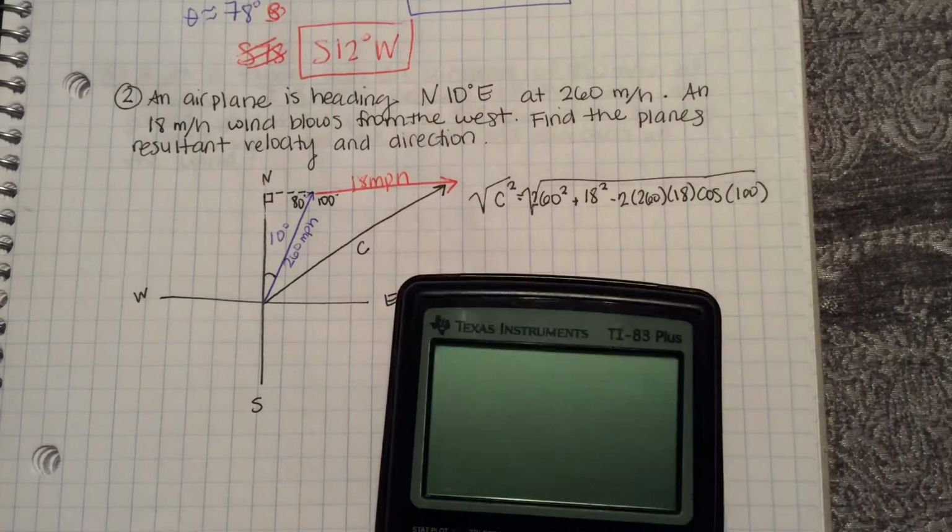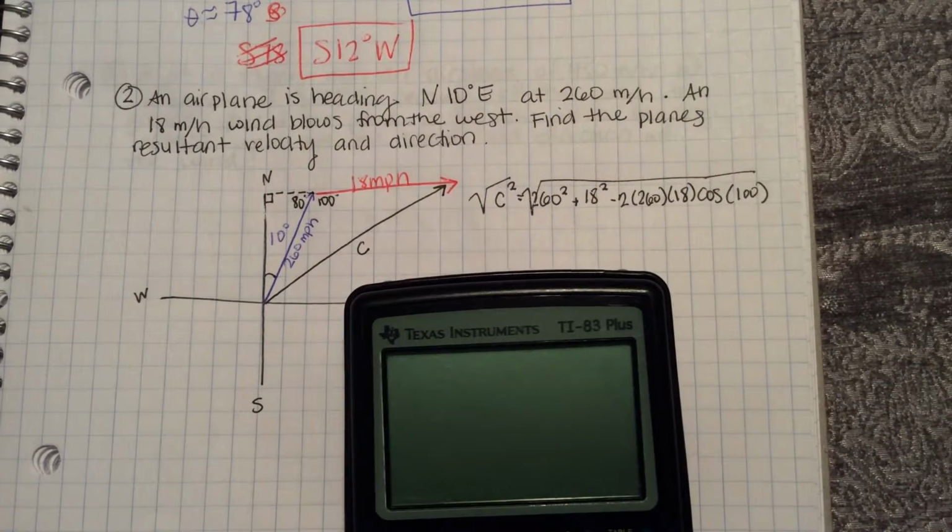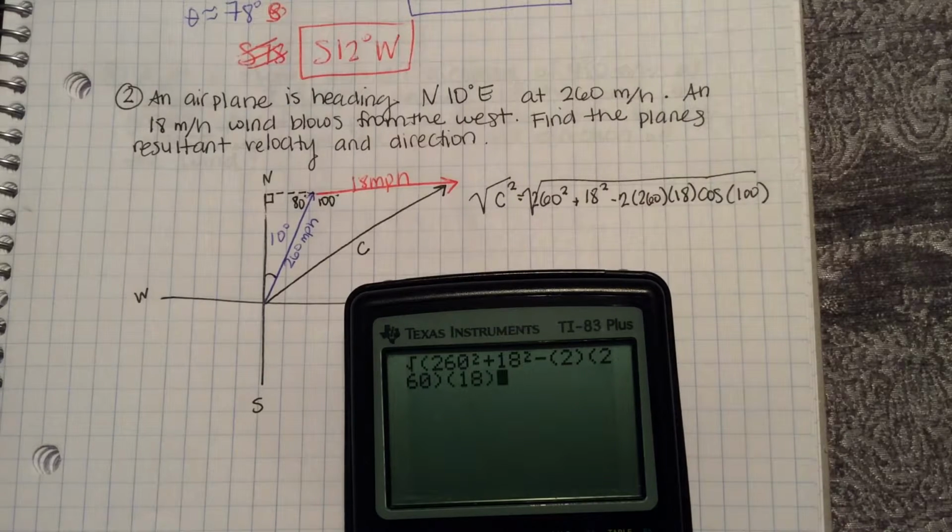So what's nice is I'm going to plug that in my calculator. The square root of 260 squared plus 18 squared minus 2 times 260 times 18 times cosine of 100.